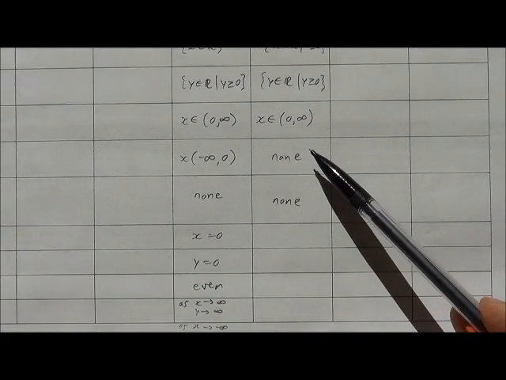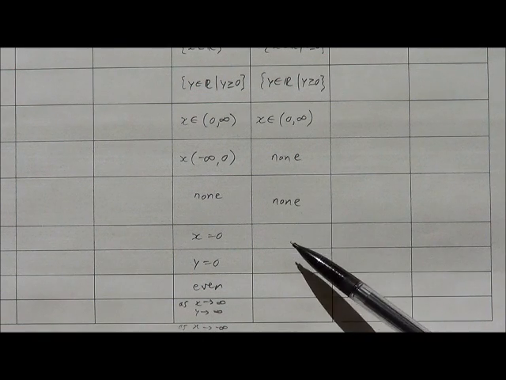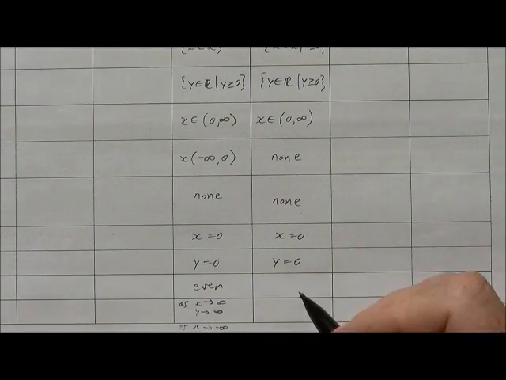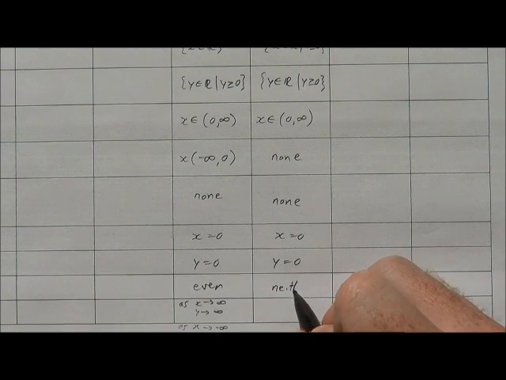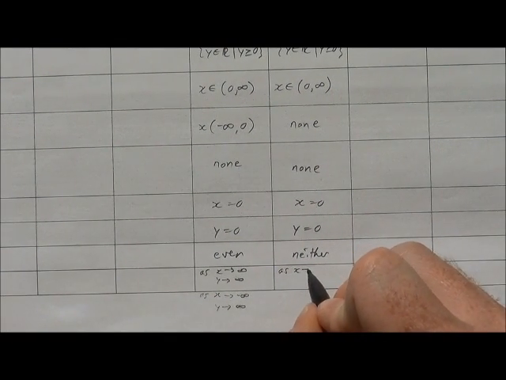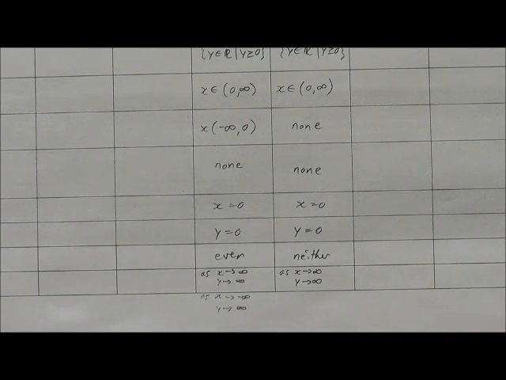Okay, so no intervals of decrease, no discontinuities or asymptotes, zeros, x equals 0, y-intercept, y equals 0, neither for symmetry, and then behavior as x approaches infinity, y approaches infinity.